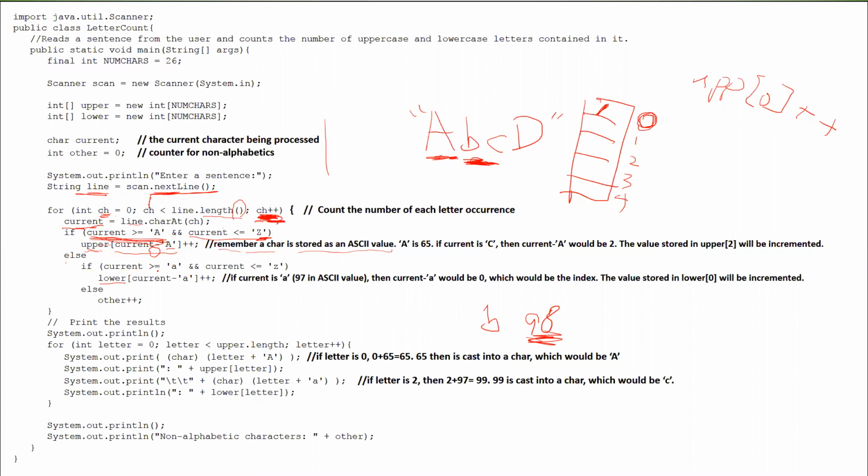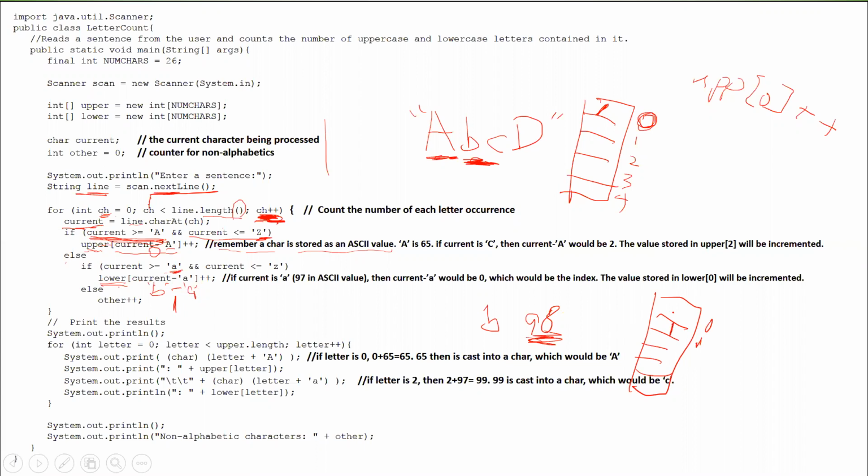And then if current is greater than lowercase a, which is 97, that's true. And it's less than z, which is 122, which is also true. So you come here and you go to lower, current, which is b, minus a, that's 98 minus 97, which is 1. And so you go to the lower array, 0, 1, and you go to 1, you add 1 to it.